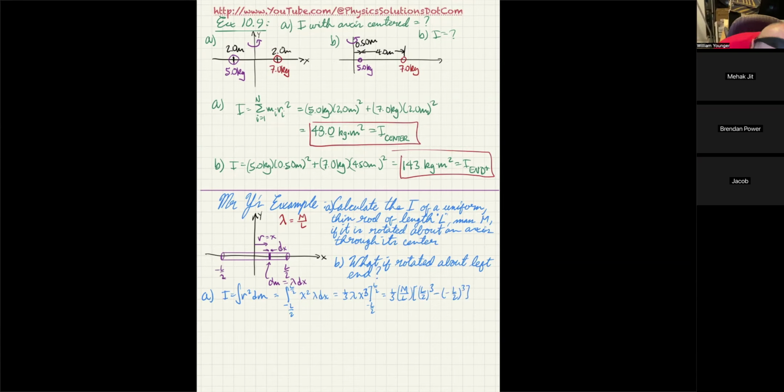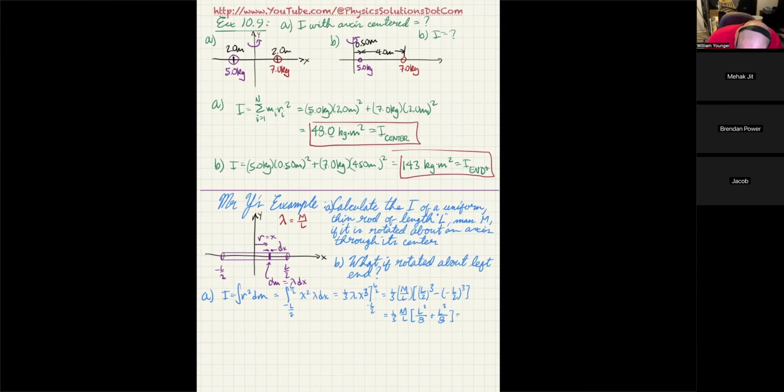And that's going to give us 1/3 M over L times, now it's going to be L cubed over 8 plus L cubed over 8. Notice the negative cubed gives you a negative, and then L cubed over 8 plus L cubed over 8 is L cubed over 4. It's 2/8, and 2/8 is 1/4.